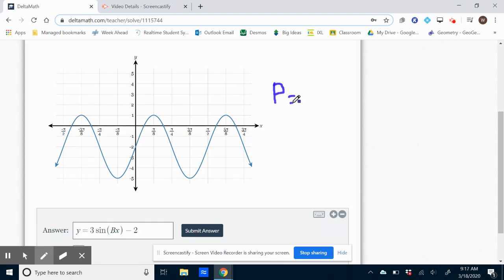I'm writing with the mouse, so I'll do my best here. Now, given the graph, you're not going to be able to immediately determine what b is, but what you can tell from the graph is what the period is.